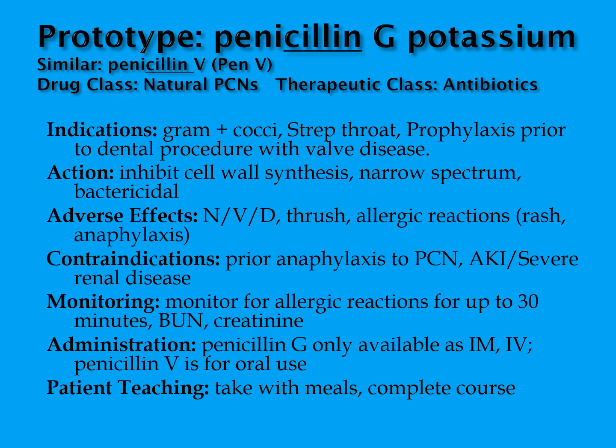Okay, so let's look at a prototype penicillin here. Penicillin G, which is typically an IV or an IM, an intramuscular or intravenous, penicillin. And the oral equivalent would be penicillin V. These are commonly used, especially the oral form, penicillin V, for strep throat or prophylaxis for a dental procedure that you're going to have if you have valvular disease.